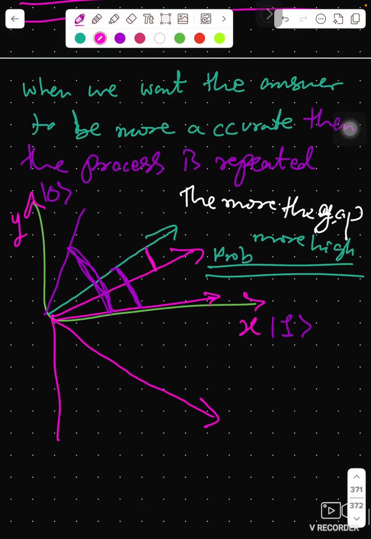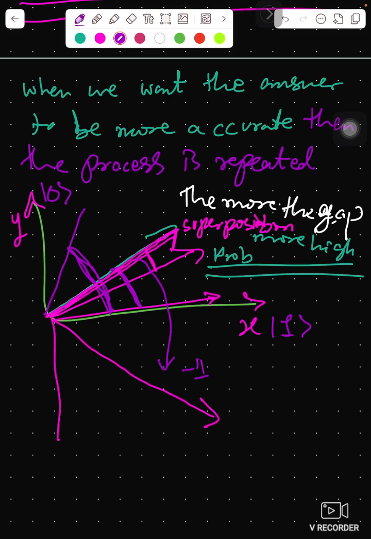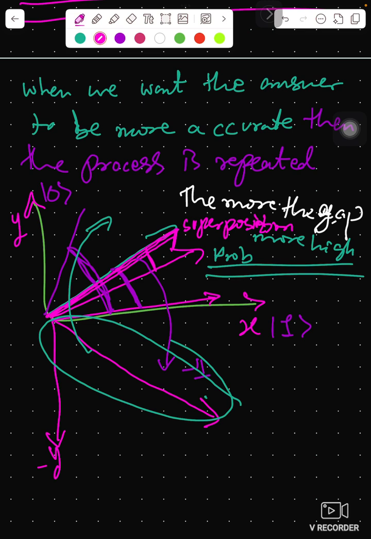But how it works is, first this state over here is put into a superposition state, and then it's taken an inverse of -1, and it comes in the negative quadrant, and when we take it again back to the first quadrant, the gap is increased.